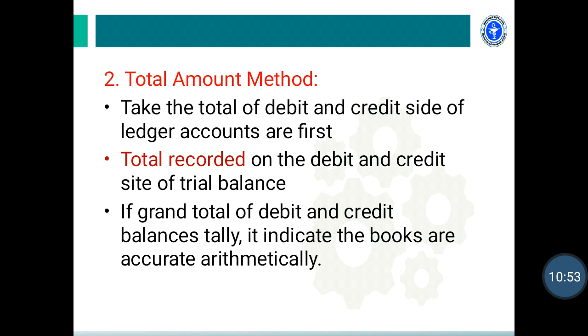That means without balancing, take only the total from the ledger account and then post that amount in the debit or the credit column of the trial balance. And if the grand total of debit and credit get tallied, it indicates that the books are accurately recorded, that is, the books are arithmetically accurate. So this is the second method for preparation of trial balance.